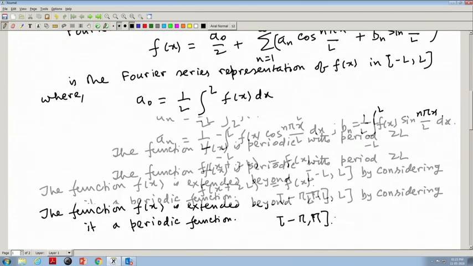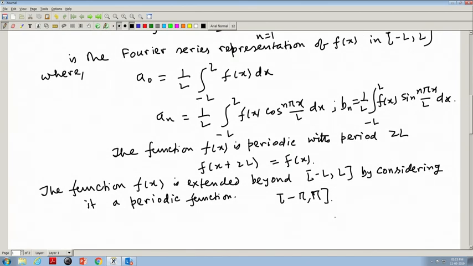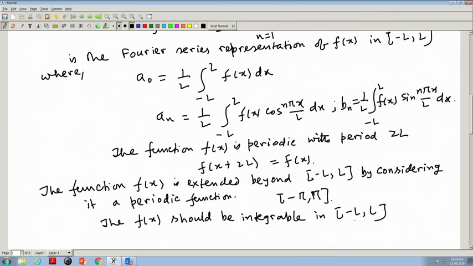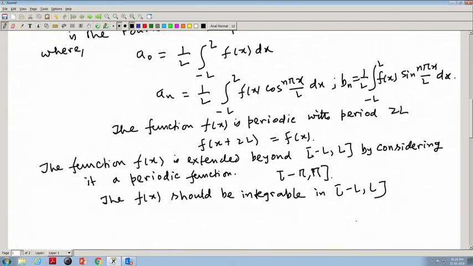One important thing is that the function f(x) can have discontinuities, but f(x) should be integrable in minus L to L. This is the only requirement. There is no need for differentiability or continuity. What I need is the function to be integrable within the interval minus L to L.